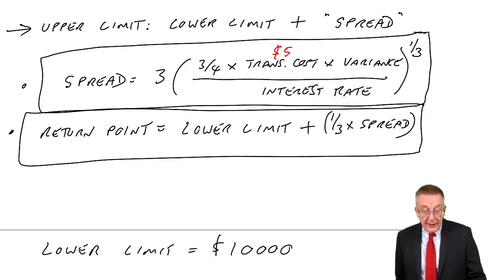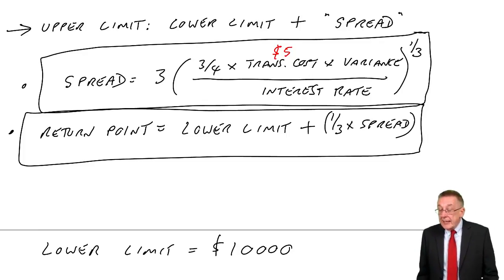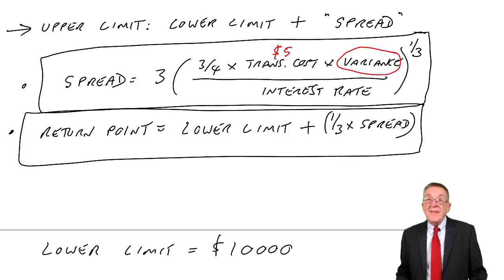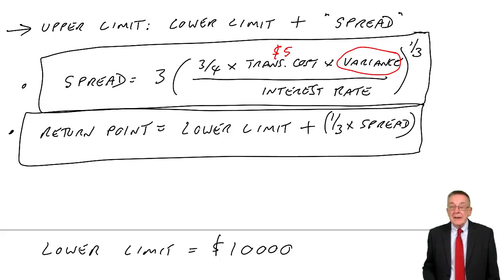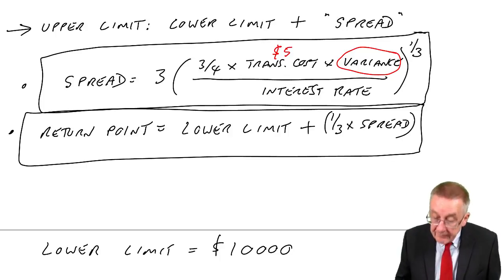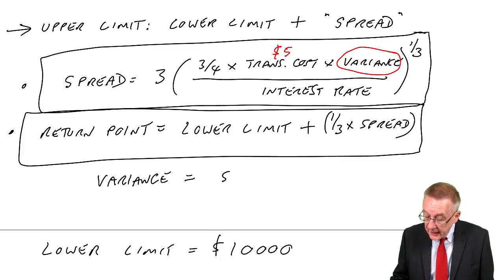If he does ask this, you would be given it. However, and this is even more annoying, the formula has variance in it. Well, the variance, and if you want to be safe, you'd better learn this, the variance is the standard deviation squared.